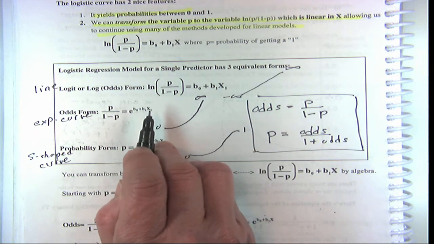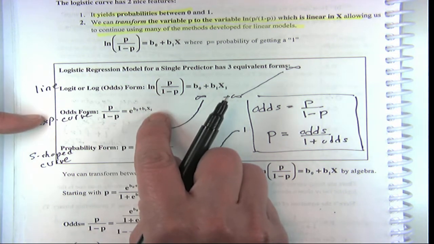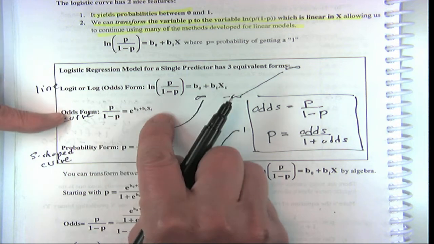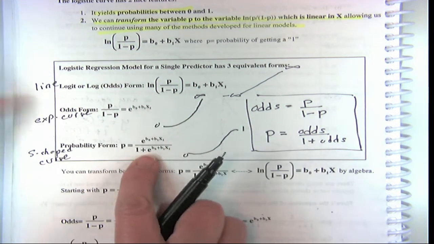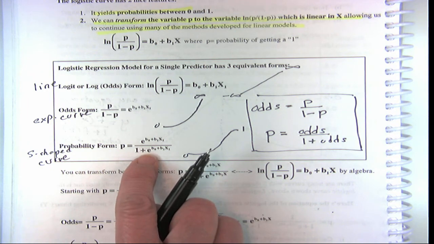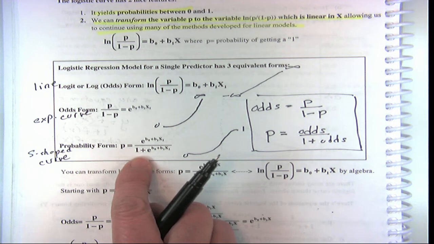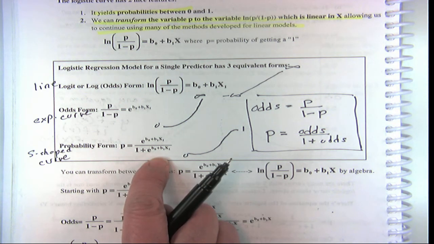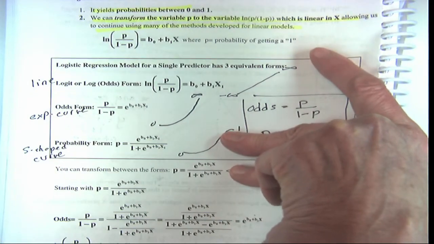That has a really nice interpretation because the odds ratio is just the multiplicative change in the odds for a 1 unit increase in x. And then here's our probability form. Our probability form is just odds over 1 plus the odds. In some ways that is the most intuitive, and it's what we really want to get at. Okay? So that's our 3 forms.